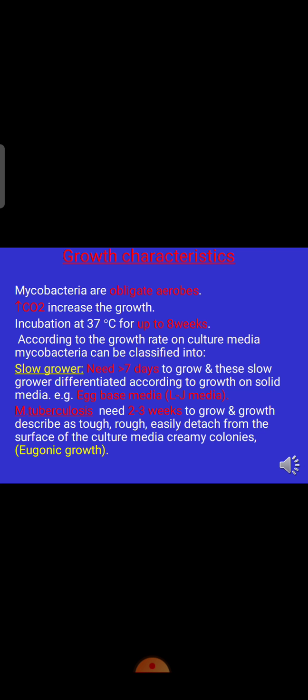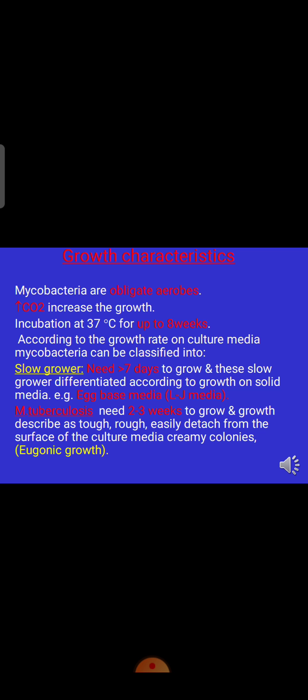Now, according to the growth rate on the culture media, mycobacteria can be classified into slow grower mycobacteria and rapid grower mycobacteria. The slow growers need more than 7 days to grow, and they are differentiated according to growth on solid media.